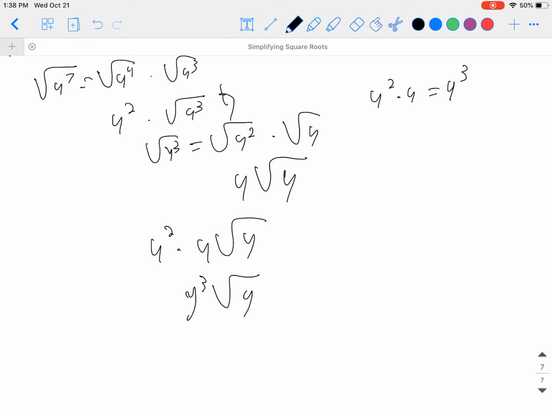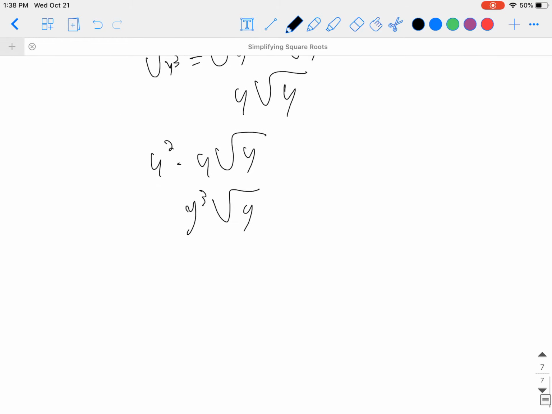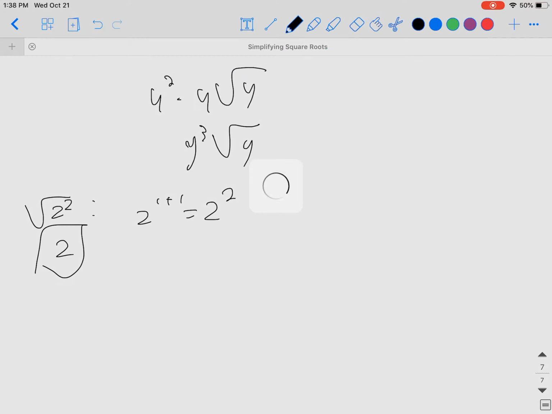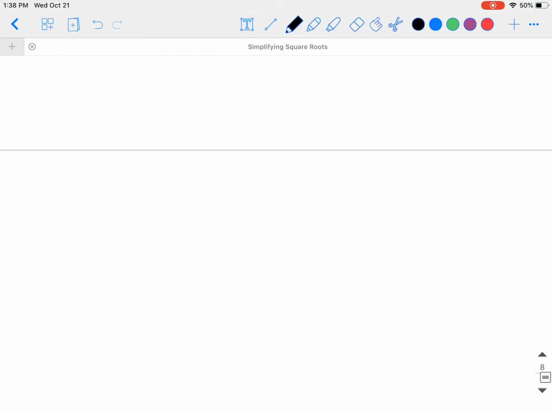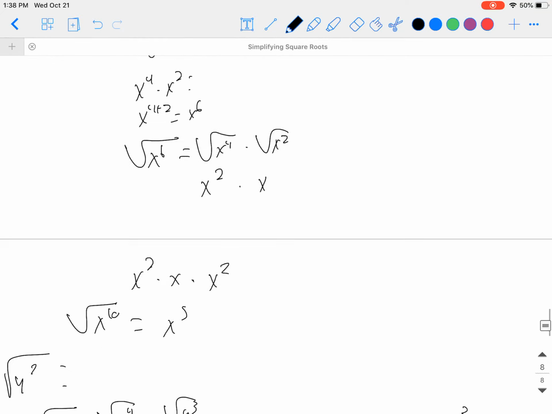And then finally, we have the square root of z squared, which is just z, since z times z equals z squared. So if we write again the expanded form of the problem, square root of 72, times square root of x to the 10th, times square root of y to the 7th, times square root of z squared, all we have to do now is plug in all of our simplified forms into this equation.